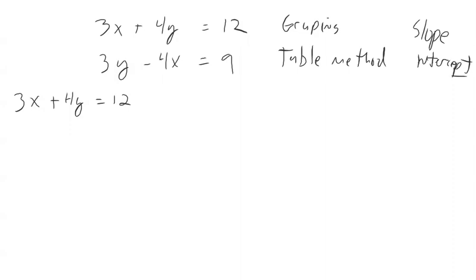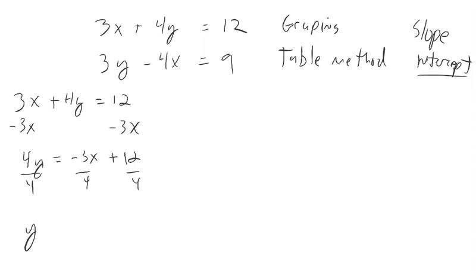So to solve for y, I subtract 3x from both sides. I get 4y equals negative 3x plus 12, divided by 4.